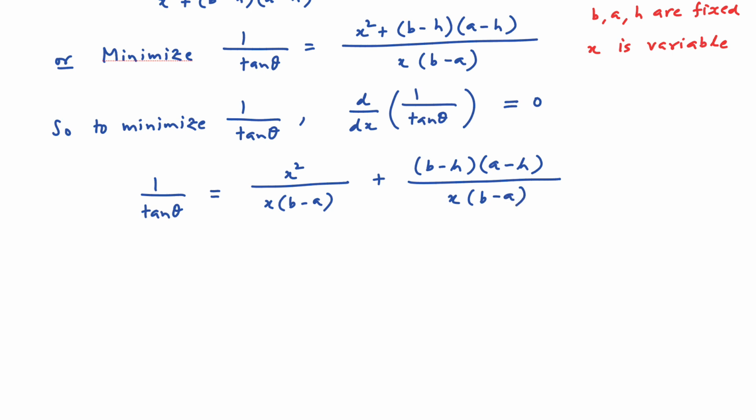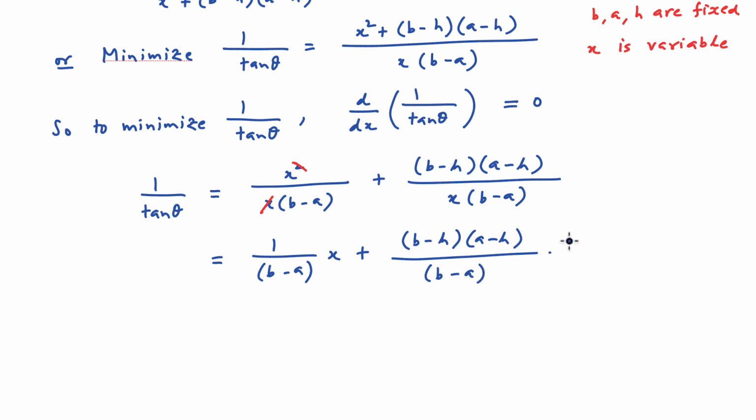And we rearrange this slightly to just call out the constant terms separately. We get, in the first term, 1 upon (b minus a) multiplied by x plus, again separating out the constant terms, (b minus h) times (a minus h) divided by (b minus a) multiplied by 1 upon x.